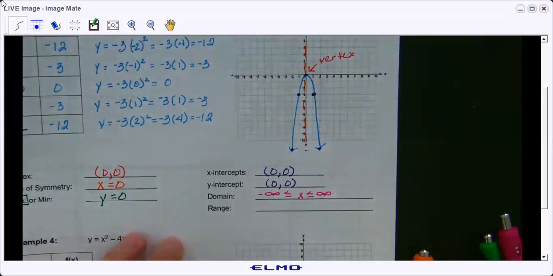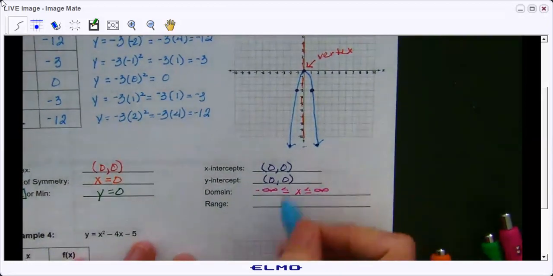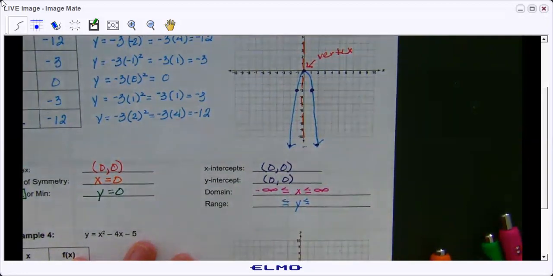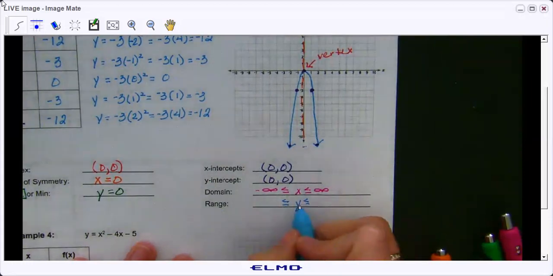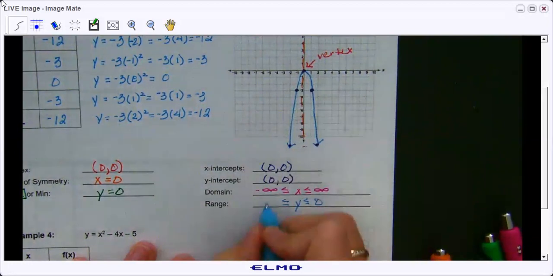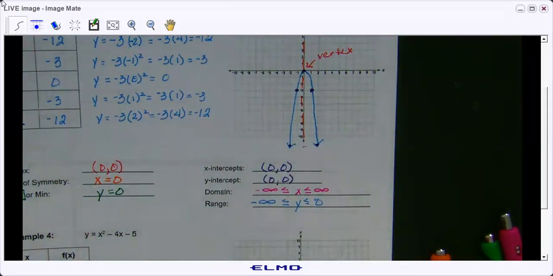And our range, yeah, y isn't greater than 0, right? Y is less than or equal to 0. That's how I always think about it when I'm trying to figure out range. Okay, are there any questions before I move on?